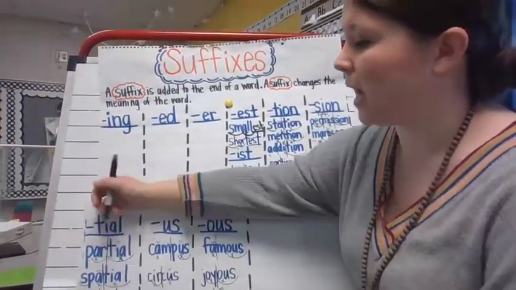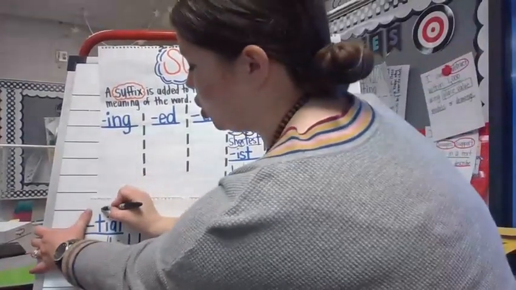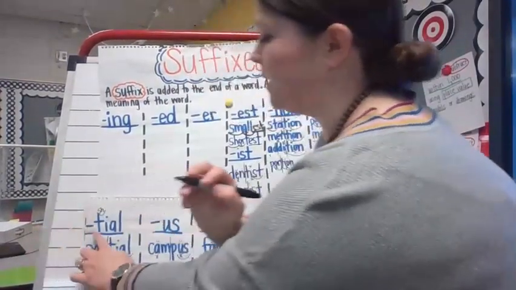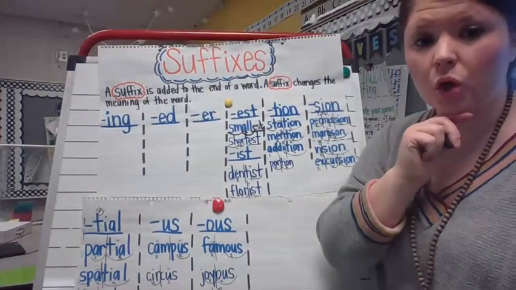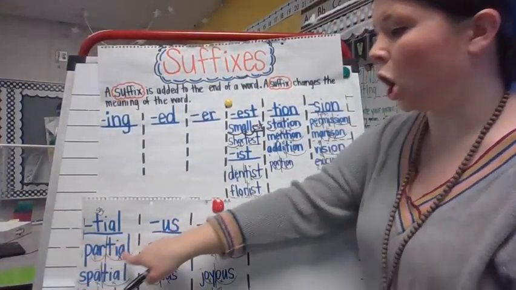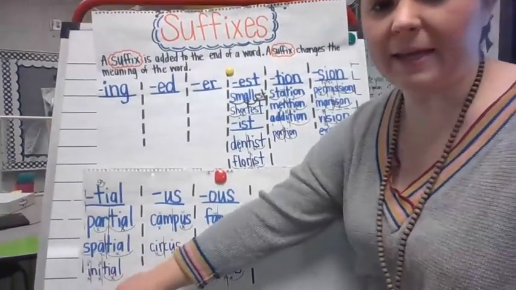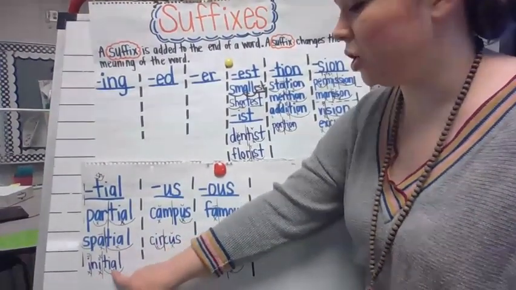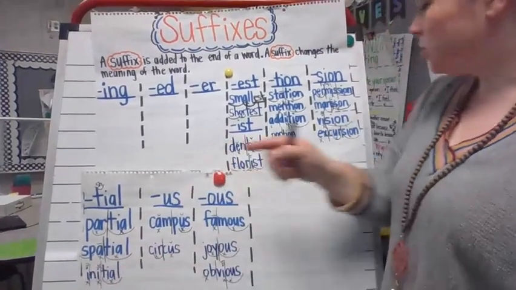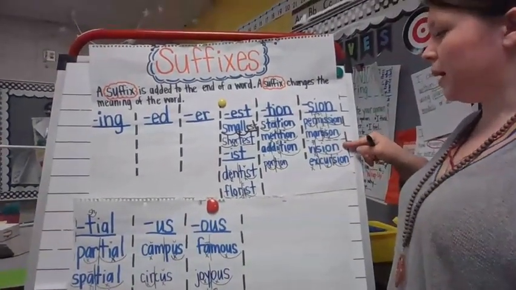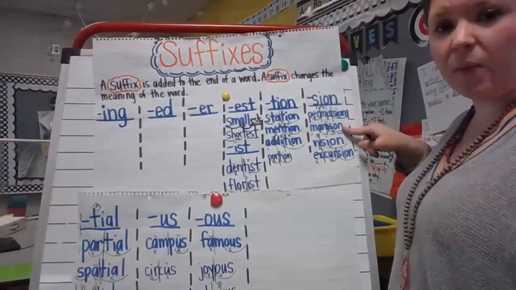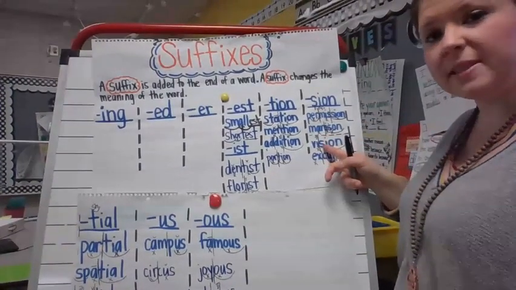Remember, this T and I together says shh. So tial says shoal, like in the word partial or spatial, and initial. Remember that I, just like up here with sion, we had an I that came before that suffix.